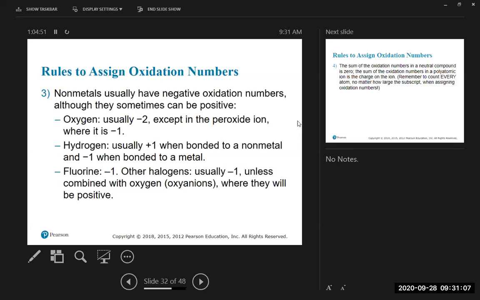So carbon, nitrogen, oxygen, things like that usually have negative oxidation numbers. Usually, not all the time. Oxygen, for instance, is usually -2. Hydrogen is usually +1. Fluorine and the other halogens are usually -1.